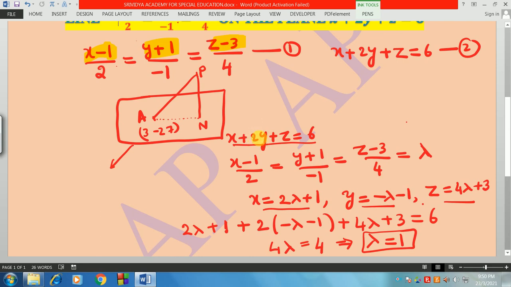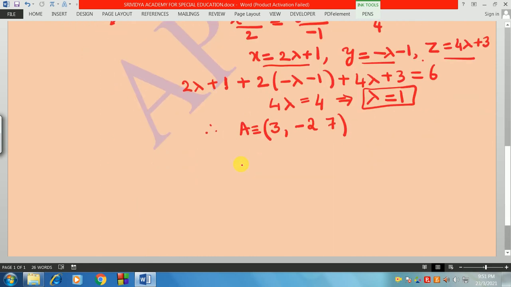Therefore the equation of PN is nothing but (x minus 1) by 1 is equal to (y plus 1) by 2 is equal to (z minus 3) divided by 1. (1, -1, 3) are the points through which this line PN is passing, and 1, 2, 1 are the direction ratios which are proportional.